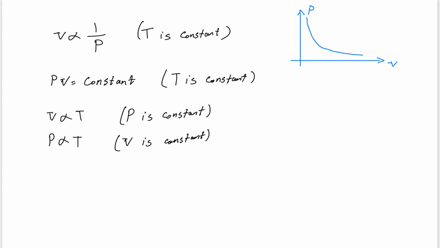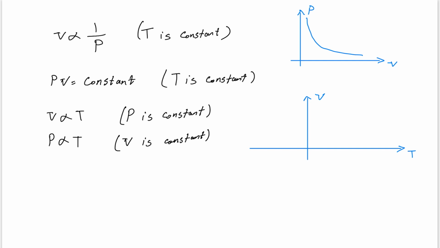Okay, and if we want to plot these relations, volume and temperature, on a graph, let's say this is our graph. The horizontal axis is temperature and the vertical axis is volume.